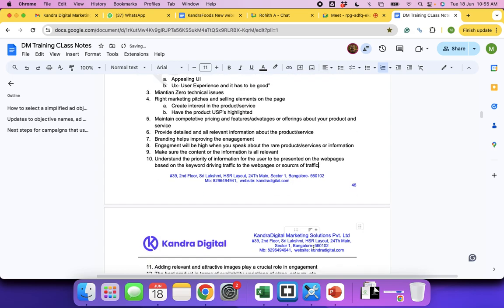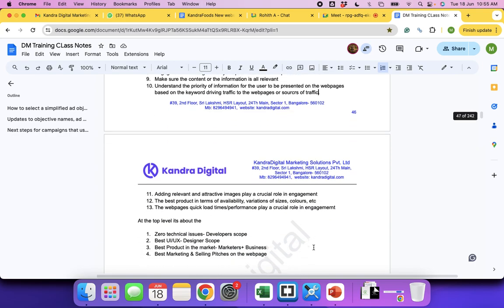So if the keyword is digital marketing course, we show digital marketing course. If the keyword is syllabus, show syllabus at the top. Correct? If somebody is searching what is the meaning or definition of digital marketing, show the definition or meaning of it first. Okay, that's how you can prioritize information.